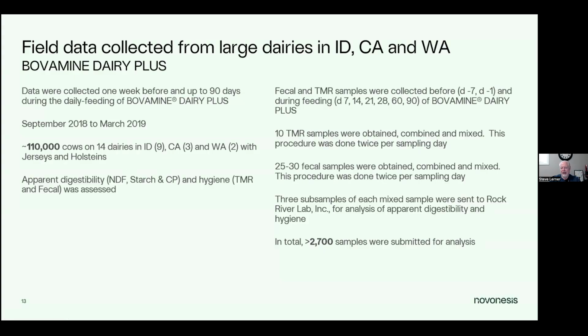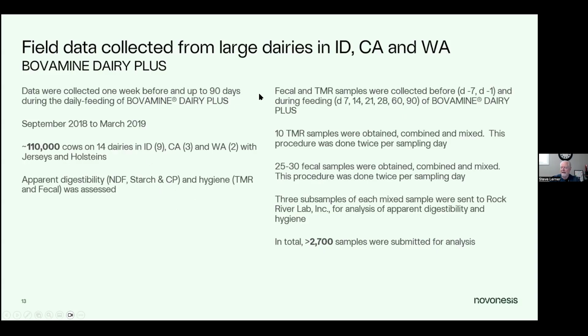These dairies contain both Jersey and Holstein cows, about 110,000 cows across these 14 dairies. We were very interested in looking at apparent digestibility, NDF, starch, and crude protein, and also in hygiene, looking at TMR and fecal hygiene for assessment.